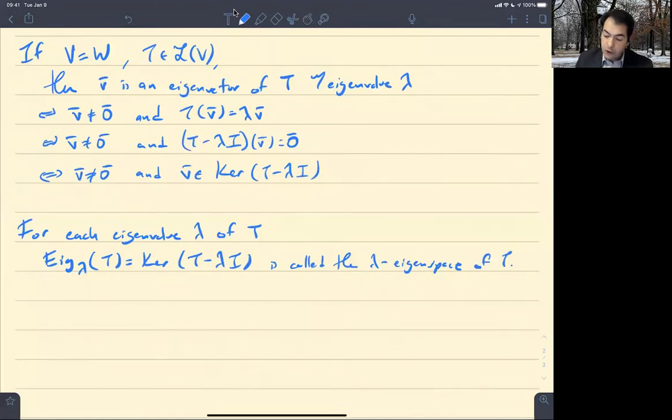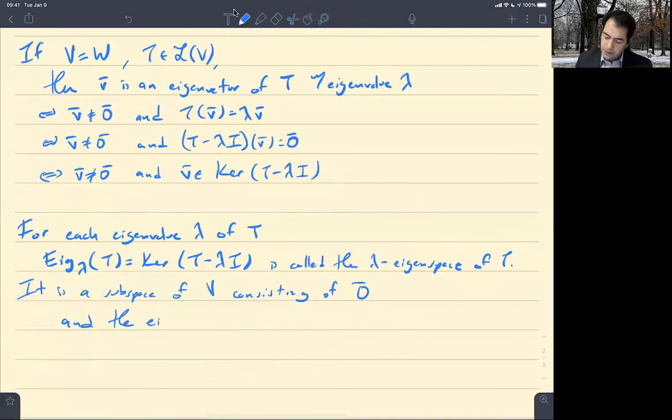So because it's a kernel, it is a subspace of V consisting of the 0 vector and the eigenvectors of T with eigenvalue lambda.